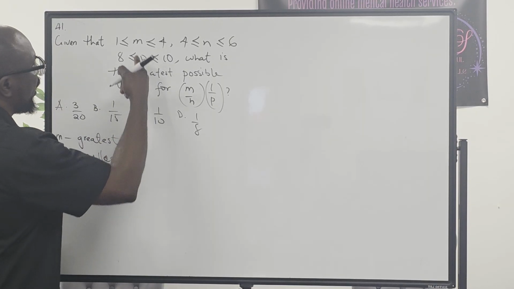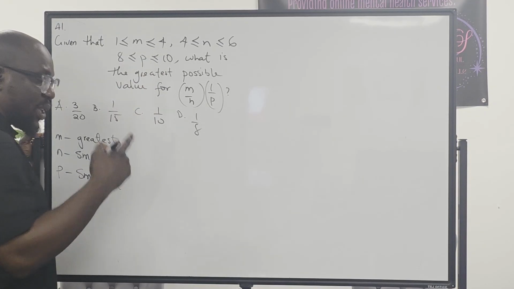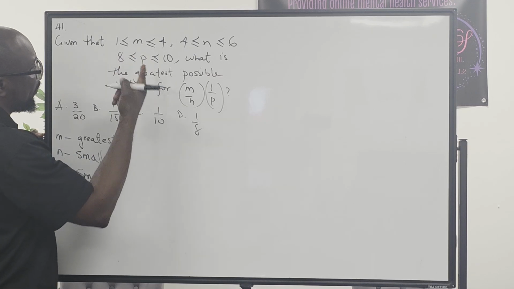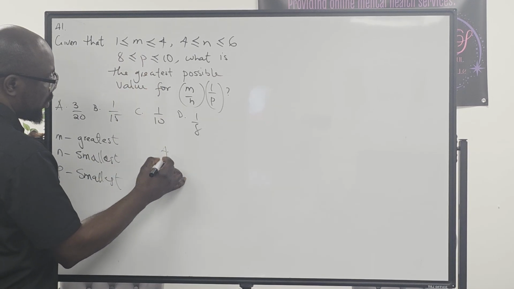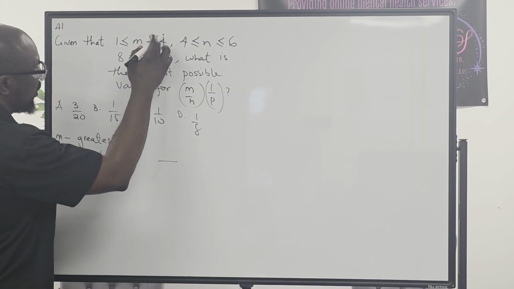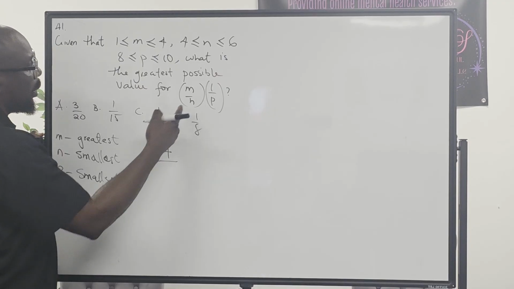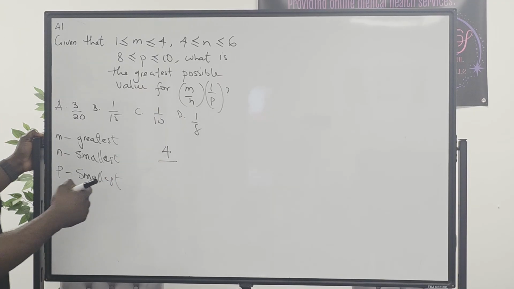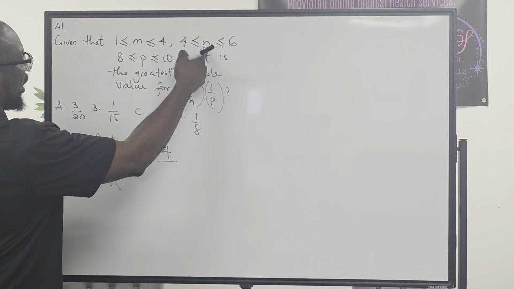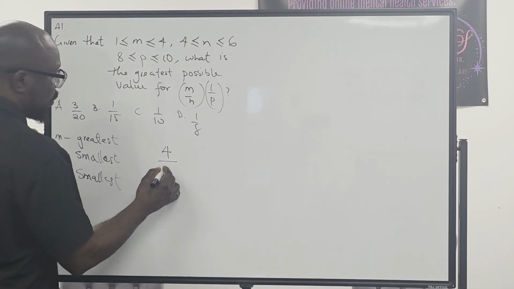They say m is less than or equal to 4, so we're going to get the biggest number m can be. In this case, the biggest number m can be is 4. And then n, the smallest number of n that we can get, they say 4 is less than or equal to n, so the smallest number of n we can get is also 4.